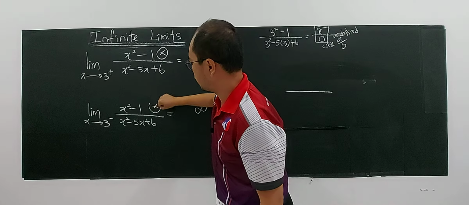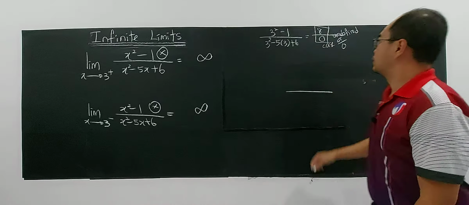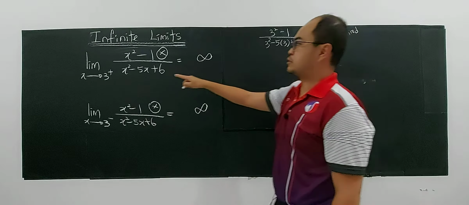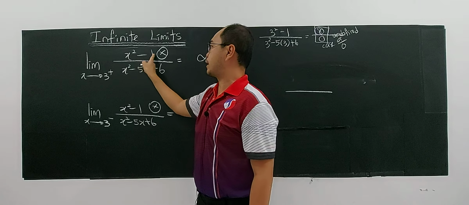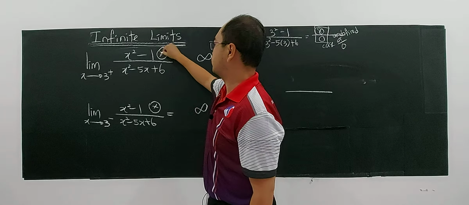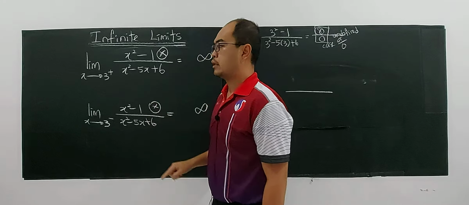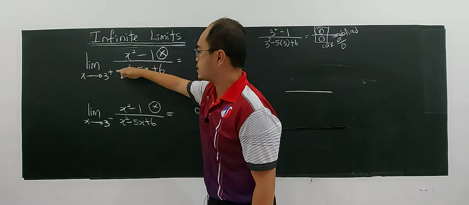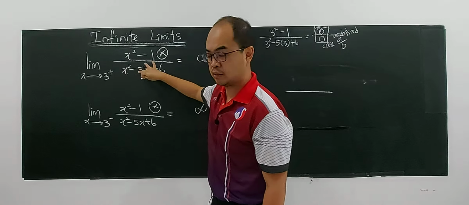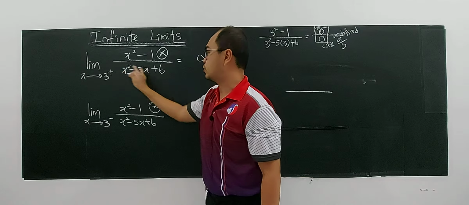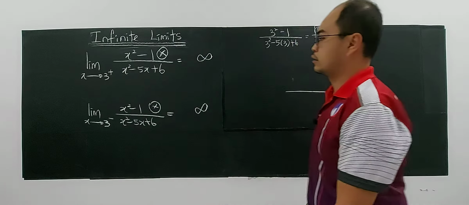Why? You substitute 3, 9 minus 1, 8. 8 is a positive number, right? 3 squared minus 1 is a positive number. I just need to know what the sign is when I substitute a number greater than 3 into the denominator here, right?